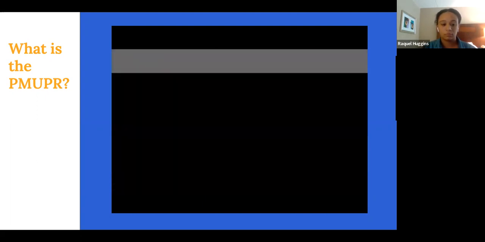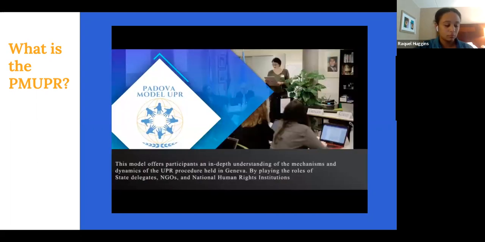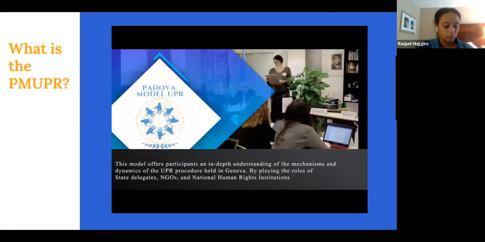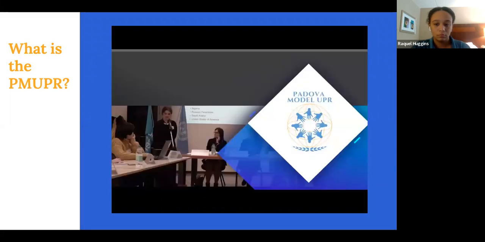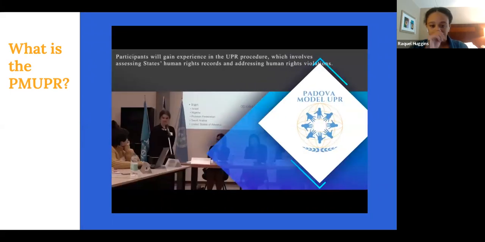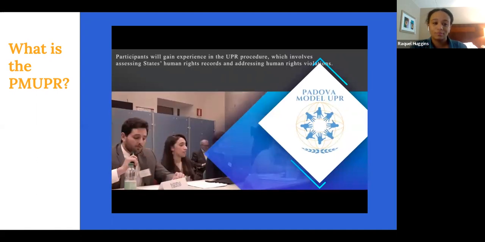This model offers participants an in-depth understanding of the mechanisms and dynamics of the UPR procedure held in Geneva. By playing the roles of state delegates, NGOs, and national human rights institutions, participants will gain experience in the UPR procedure, which involves assessing states' human rights records and addressing human rights violations.